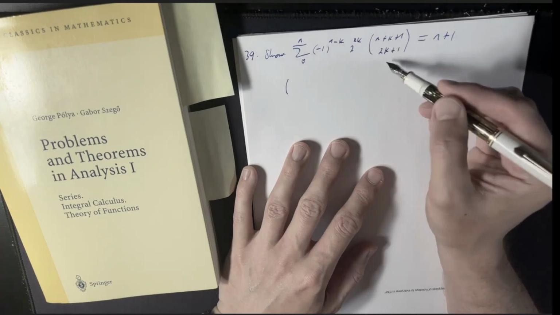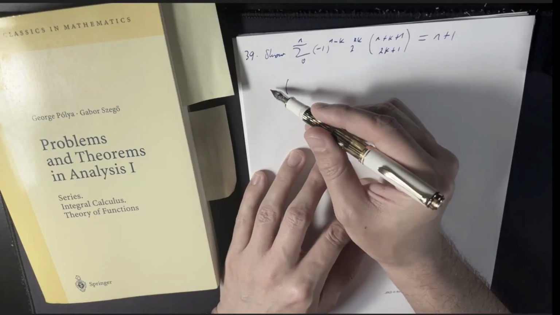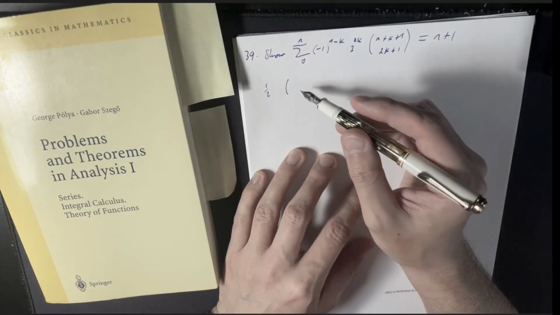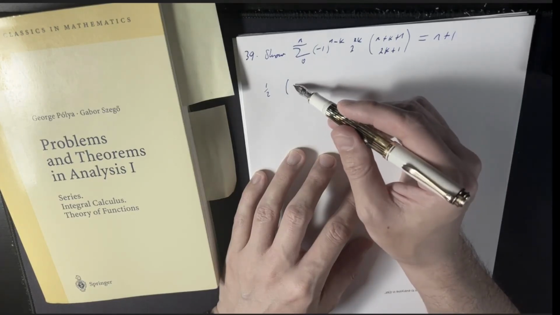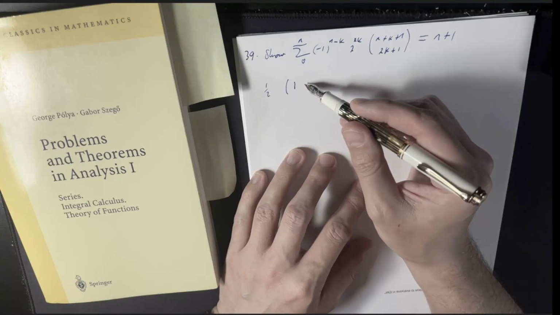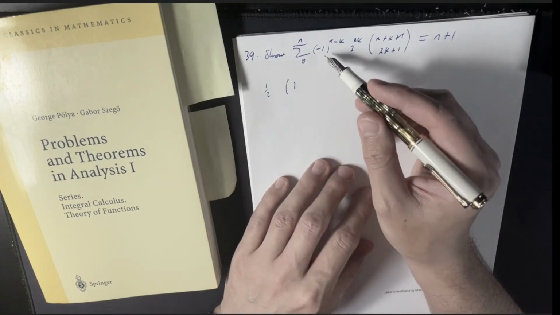But this almost matches up. So if I took, let's say we had a half, and then for x we'll do something like, I'll get this extra negative.